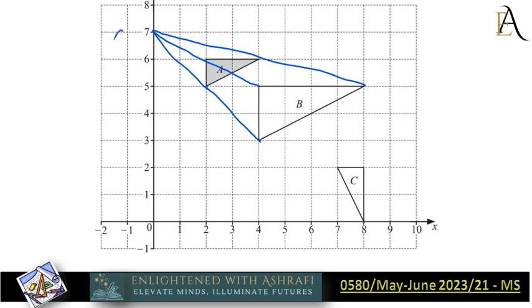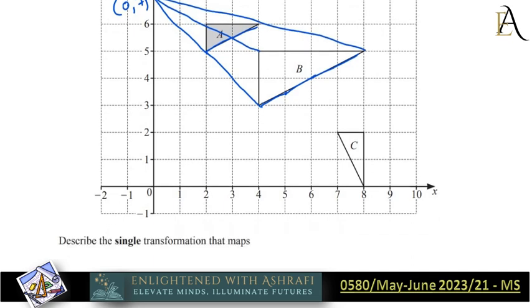So my center of enlargement is 0, 7, and we have to see the scale factor. Look at the corresponding sides. 1, 2, 1, 2, 3, 4. So the scale factor is 2.